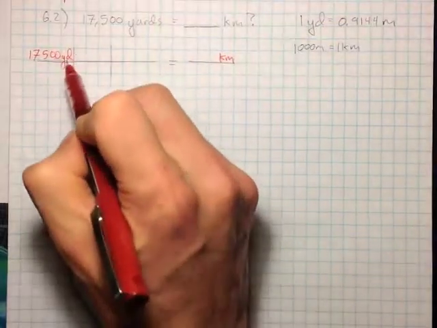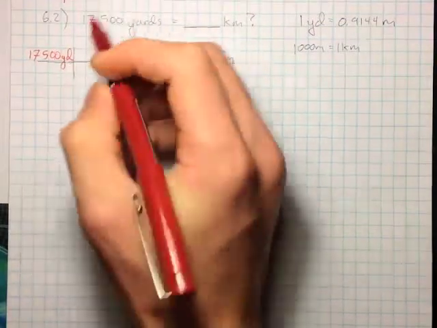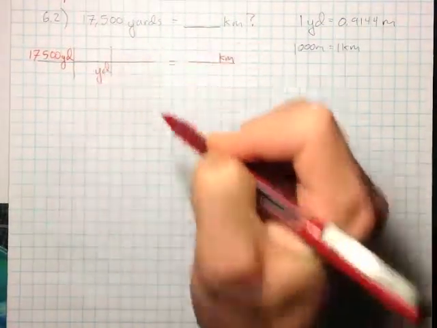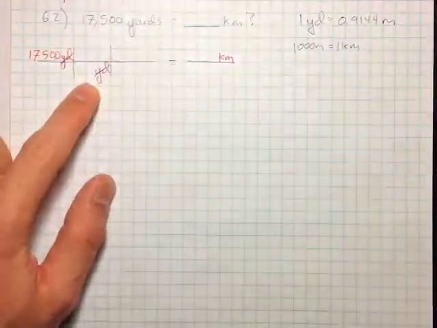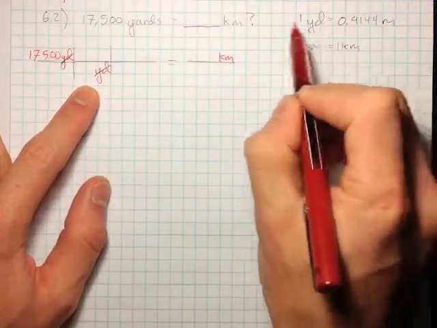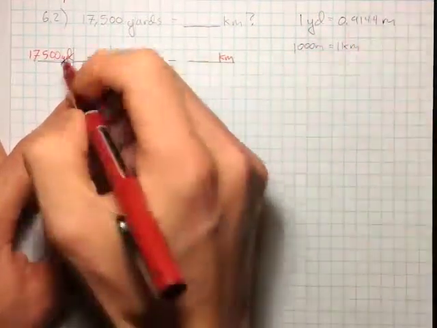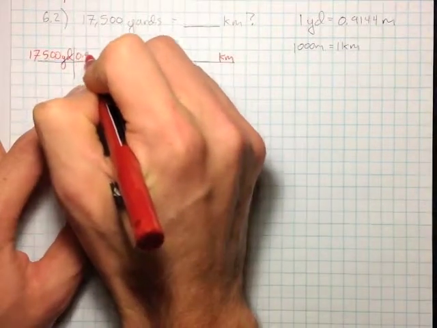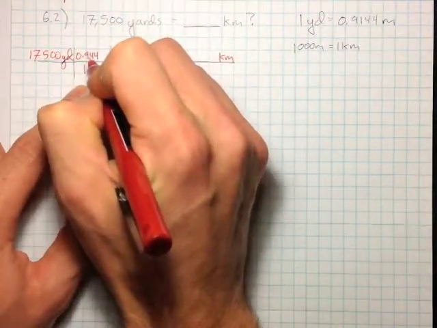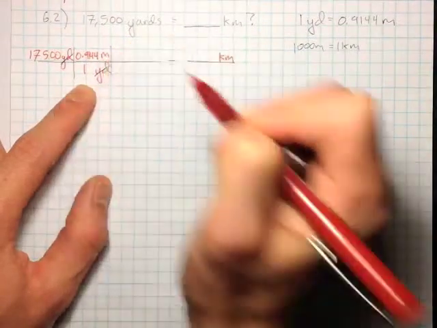We have yards on top here. So we need to have yards on bottom in order to cancel it out. Well, right here we have 1 yard is equal to that many meters. So 1 yard on bottom, and then on top 0.9144 meters. Perfect.